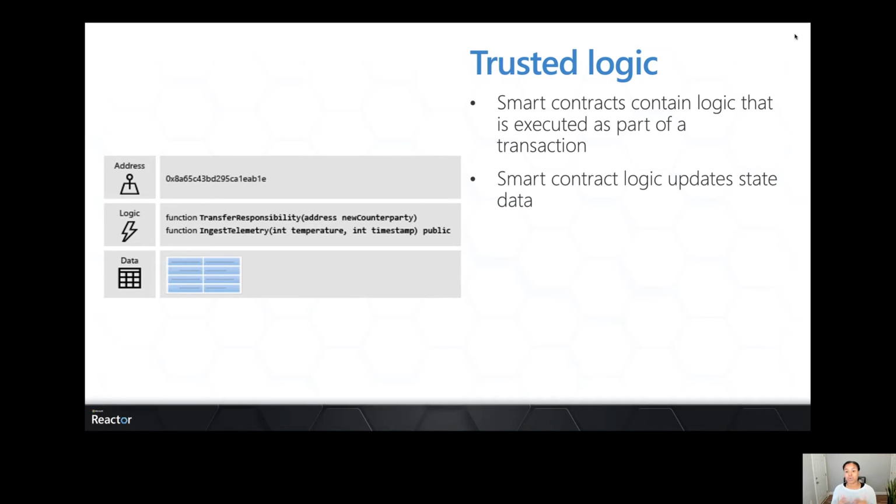Smart contracts are deployed to the blockchain and are referenced by a unique address. To use a smart contract, you have to create an instance. A smart contract instance contains state data and program logic. In our scenario, a smart contract instance contains data such as the responsible participant, location, and if the product temperature is out of compliance. We can execute functions to transfer responsibility or receive temperature telemetry, for instance.